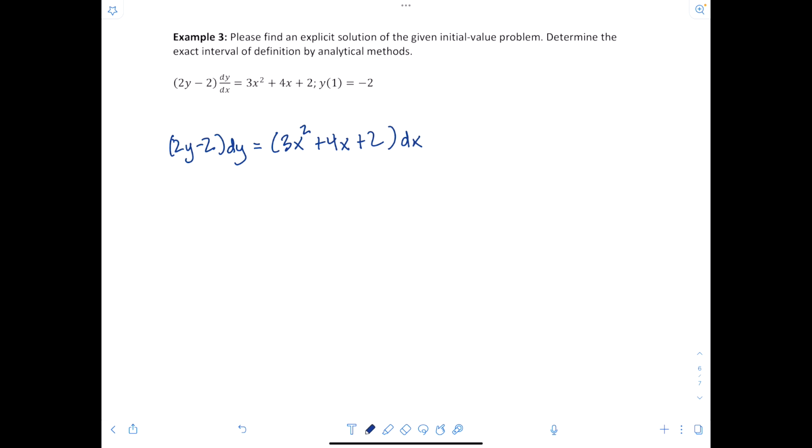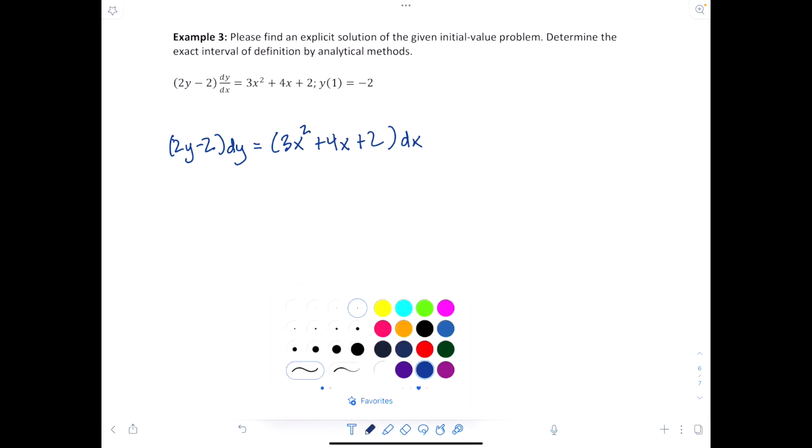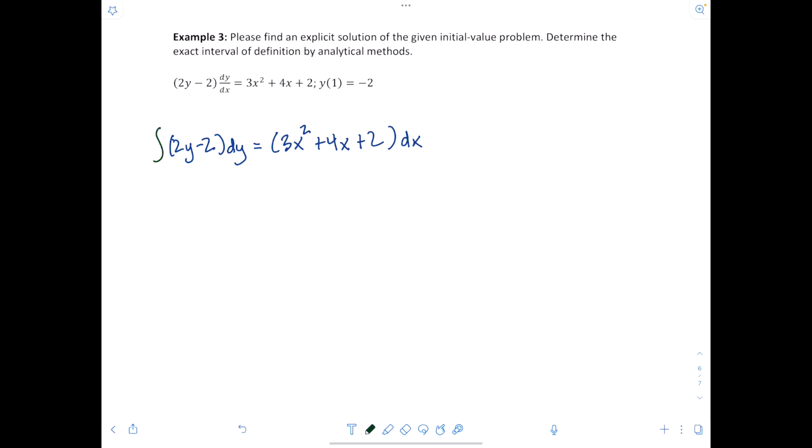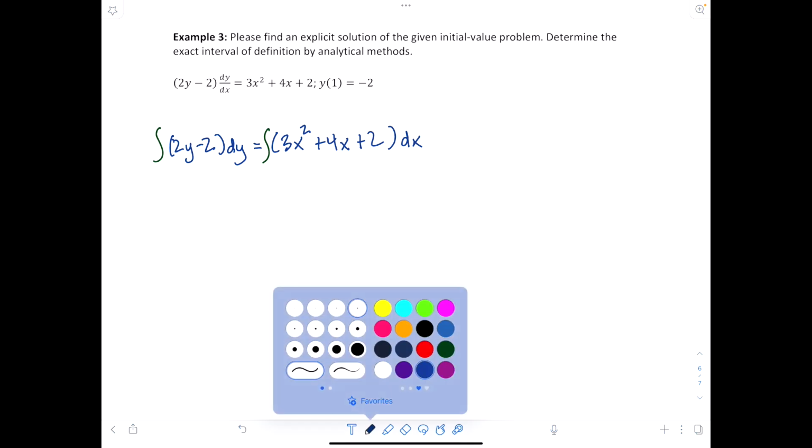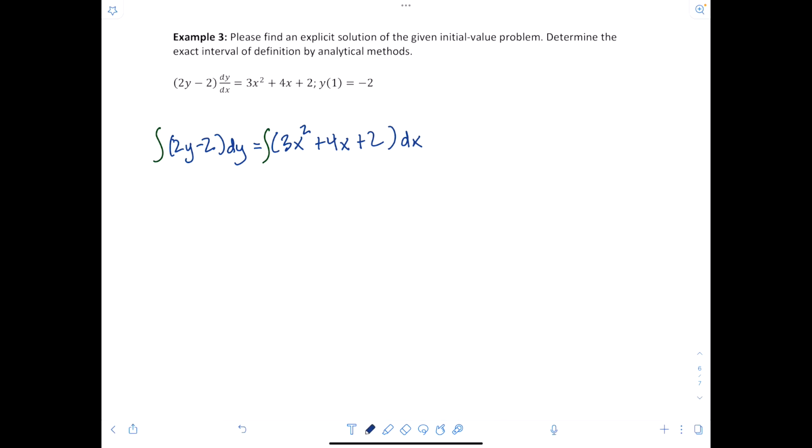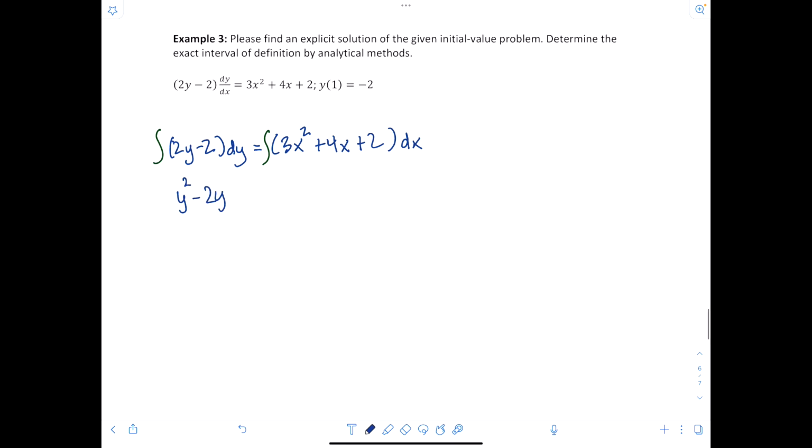Now, integrating both sides, let's see what happens. We're going to get 2y squared over 2, which is just y squared, minus 2y equals 3x cubed over 3 is x cubed, 4x squared over 2 is plus 2x squared, and then plus 2x plus c.